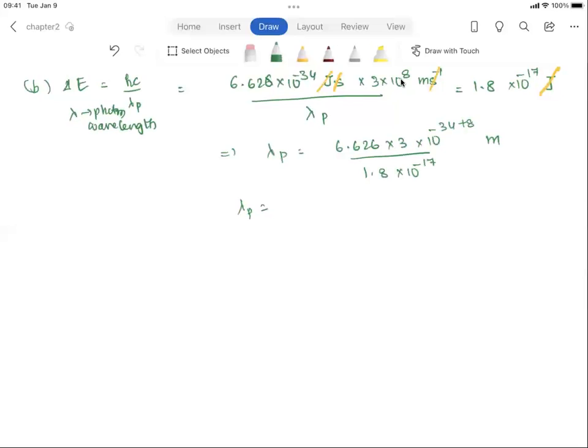So if I solve this, 6.626 times 3 divided by 1.8 gives 11.04 times 10 to the, I'm gonna club all the powers of 10 together. That would be 8 minus 34 plus 17 from the denominator. That gives me 9 meter. And 10 to the power negative 9 meter is nothing but a nanometer, right? So this is going to be 11 nanometer.